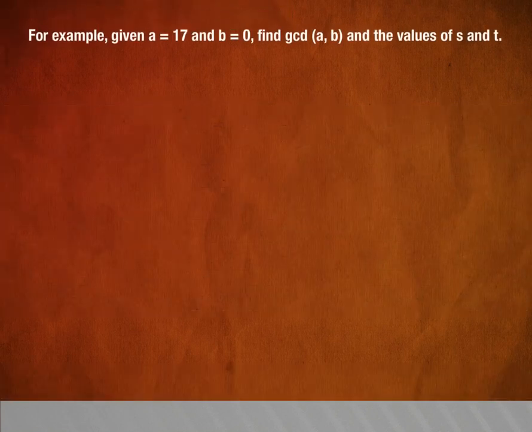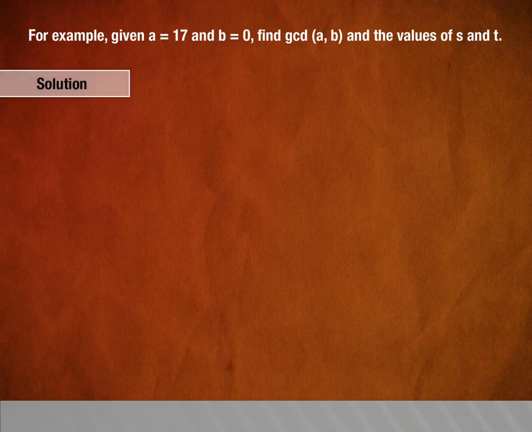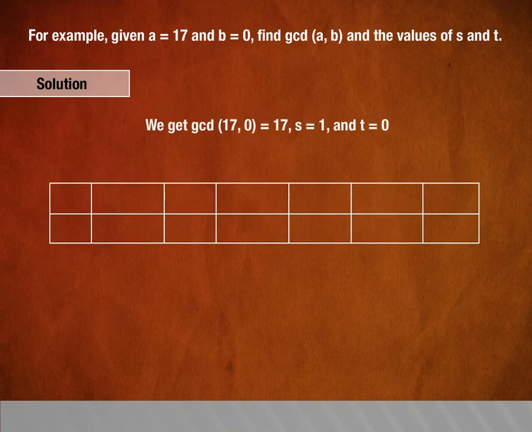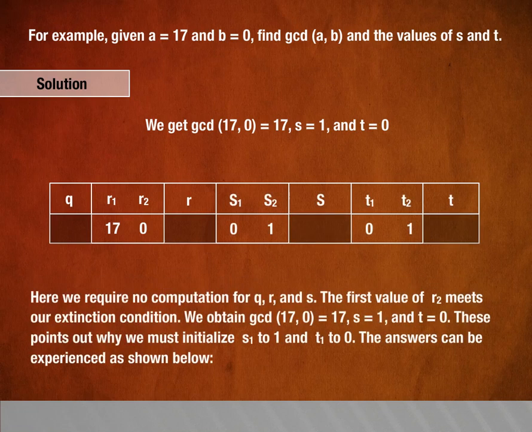For example, given a is equal to 17 and b is equal to 0, find GCD(a, b) and the values of s and t. Solution: we get GCD(17, 0) is equal to 17, s equal to 1 and t is equal to 0. Here, we require no computation for q, r, and s.